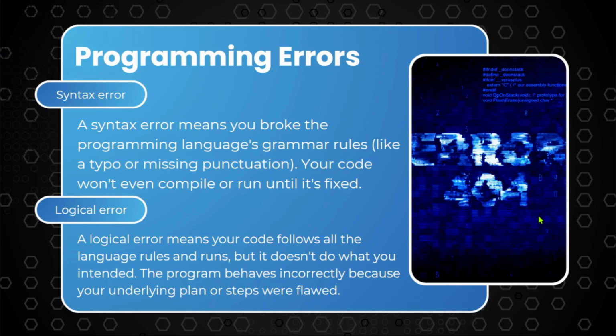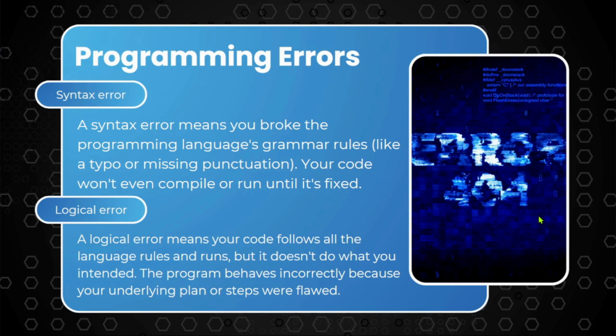So, the logical error will still let the code run, but it doesn't understand correctly what you mean, and it will display something that is not what you expected it to do, since it doesn't really understand the meaning of what you have written. So the syntax error prevents the code from being compiled or executed, while the logical errors may allow the code to run but produce incorrect results.